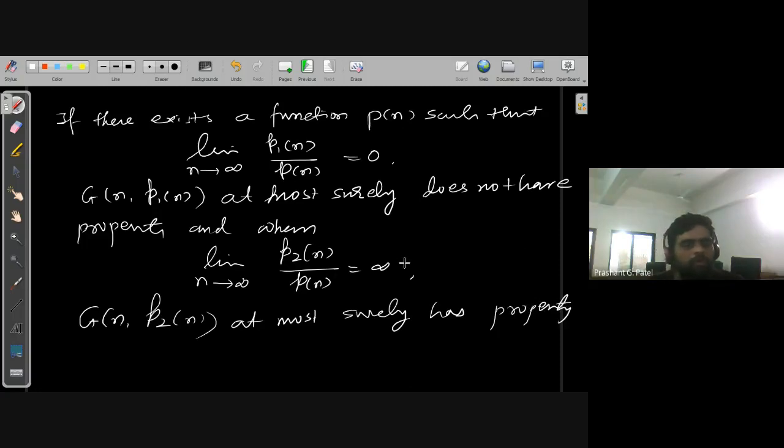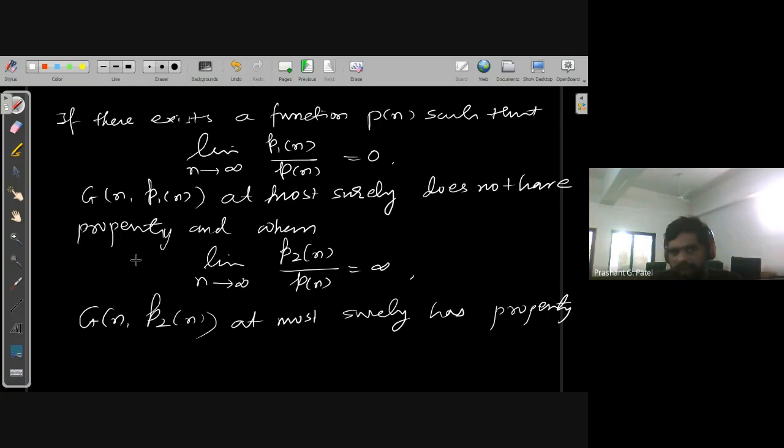Whatever we are talking about, the property may be a tree having the occurrence of first tree, or isolated vertices, or the disappearance of isolated vertices, or that it has a giant component. Any property we can talk about here.